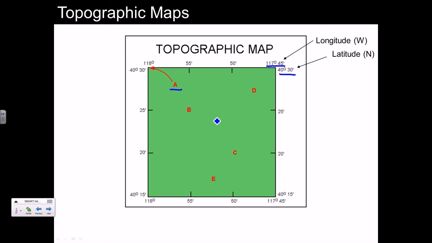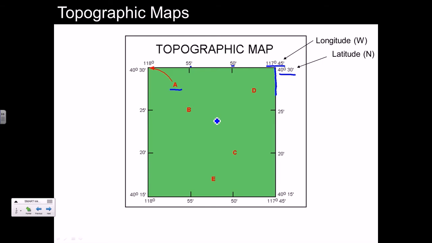Okay, so the line of longitude is 117 degrees 45 minutes. That's right along this edge right here. And we're going to add in minutes. So we start at 45 minutes, and we head to 50, to 55, and then finally to 118. And so we're adding minutes in 5-minute increments here.